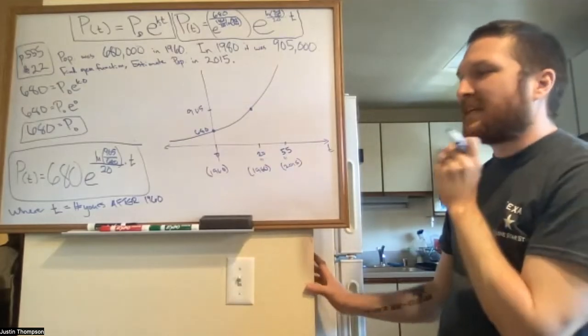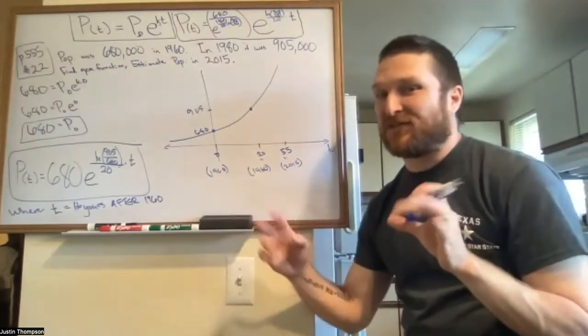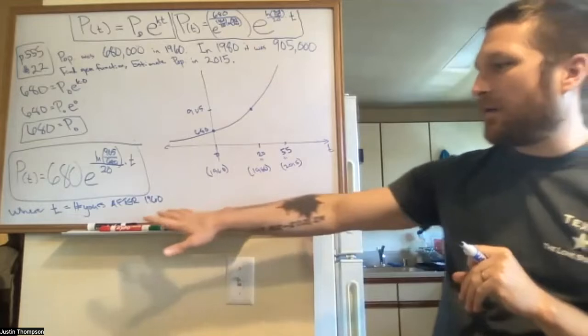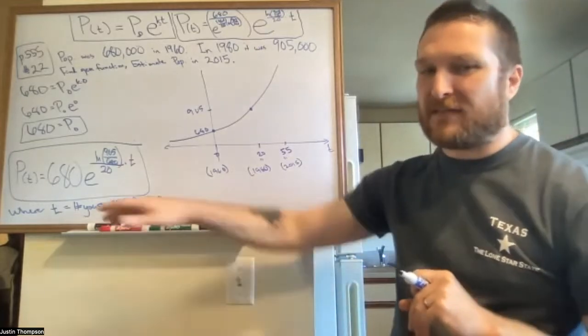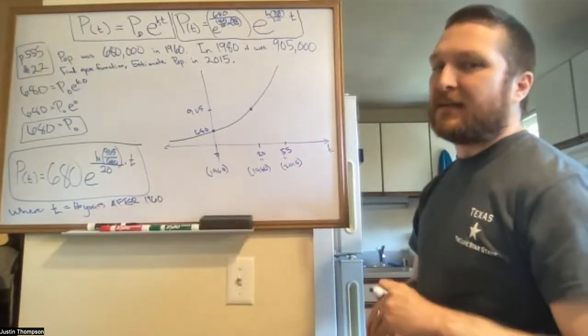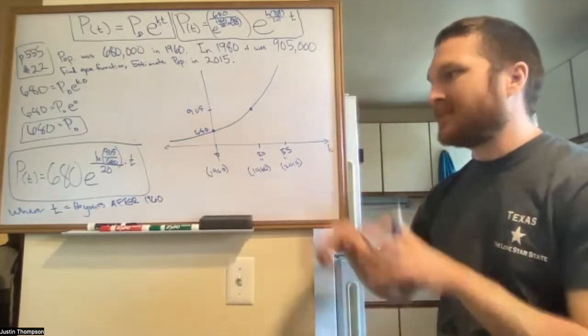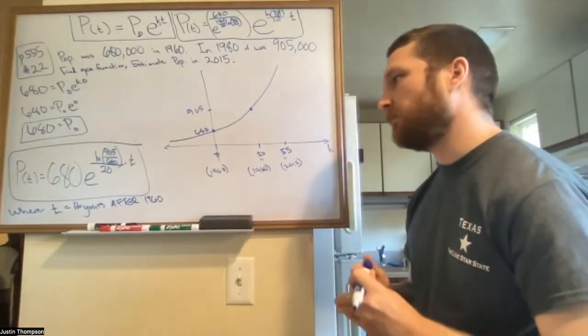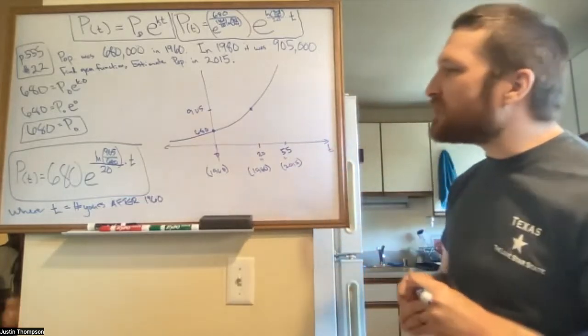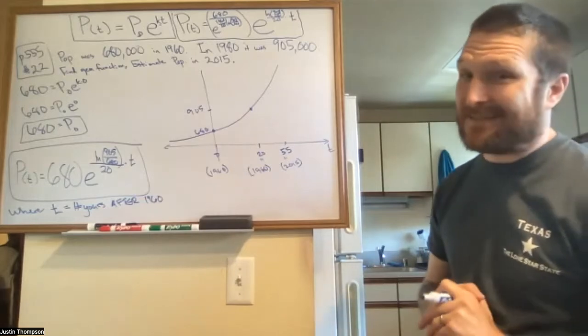In other words, that's another way of saying 1960 equals 0, right? But this is in general how this is done in the world. We say number of years after whatever our 0 date is.